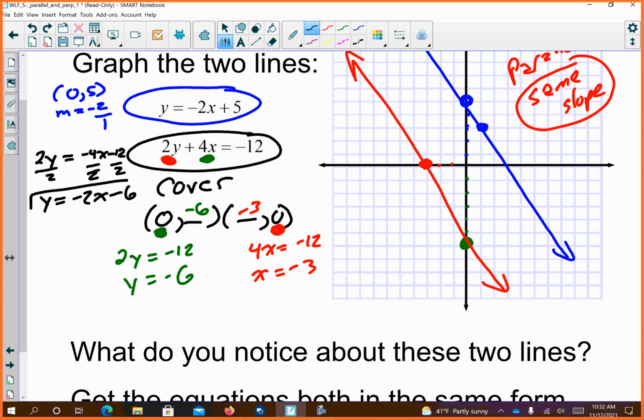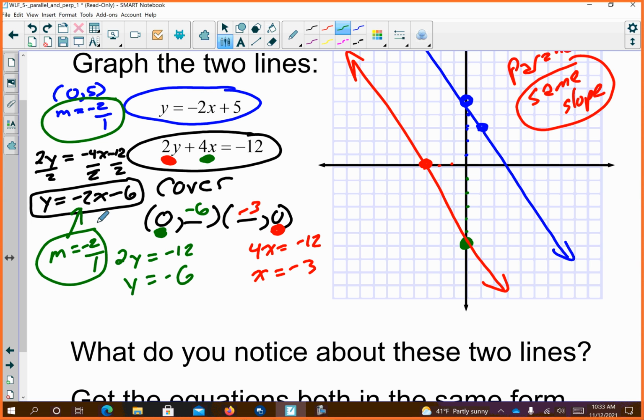So now this is in the same form. So notice the slope here is negative 2 over 1. And the slope here was also negative 2 over 1. That right there verifies for us they are parallel. So same slope. If you have two linear equations with the same slope, they are parallel. They will not intersect each other by definition.